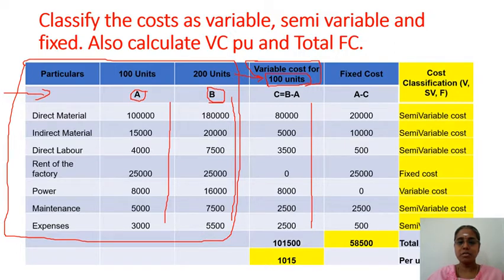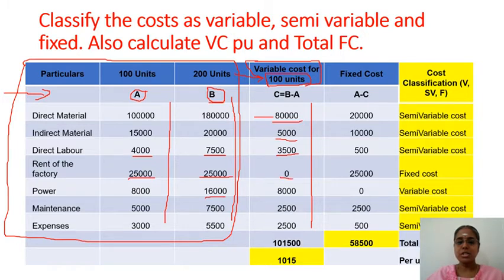So 1,80,000 minus 1 lakh is 80,000, given here. Next, indirect material, 20,000 minus 15,000 is 5,000. So 5,000 for 100 units. Direct labor, 7,500 minus 4,000, which is 3,500 for 100 units. Rent for the factory does not change, so the variable cost is 0.